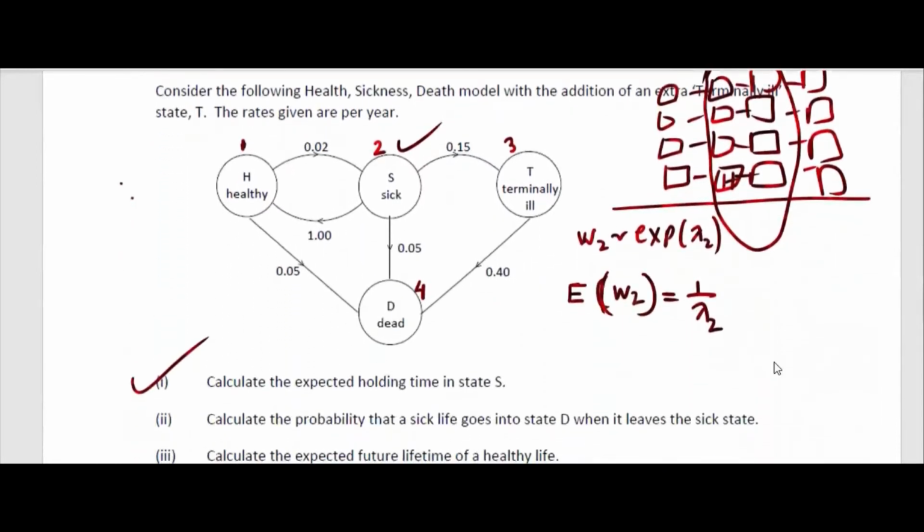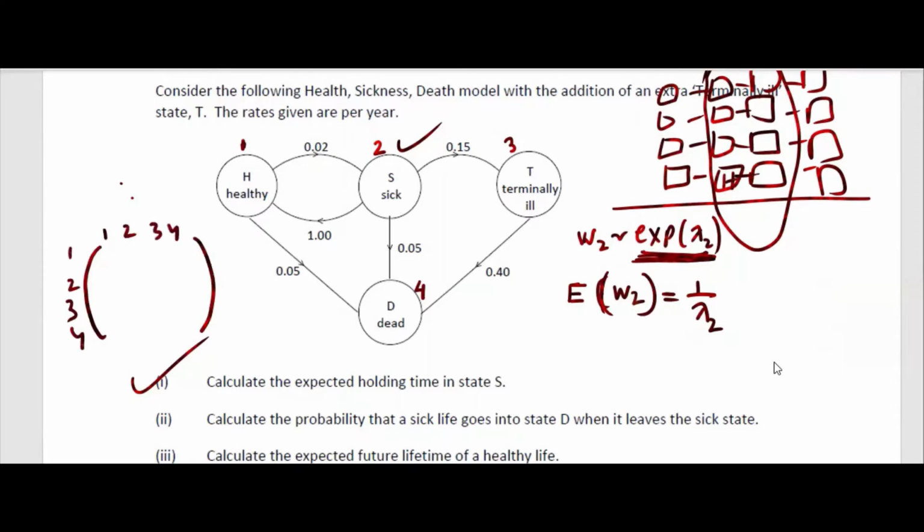So lambda 2, how to find lambda 2? That is the question. If you remember, what was lambda 2? You need to know the generator matrix. Let me write the generator matrix here. 1, 2, 3, 4, and 1, 2, 3, 4. Okay.